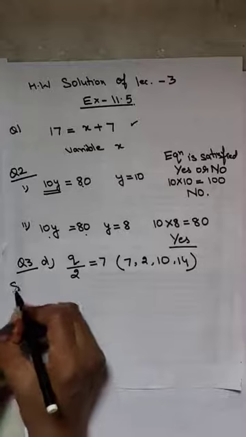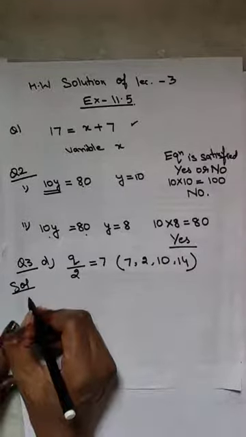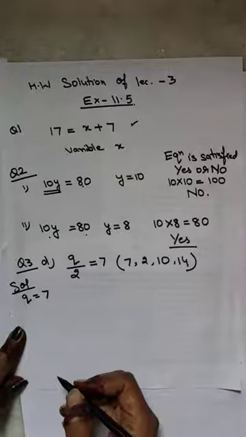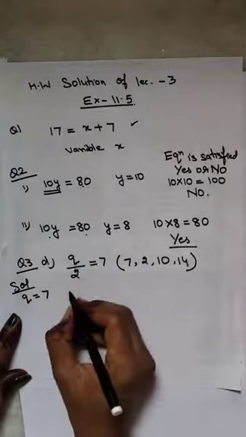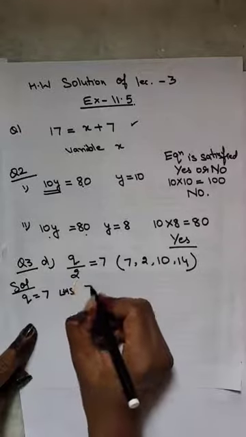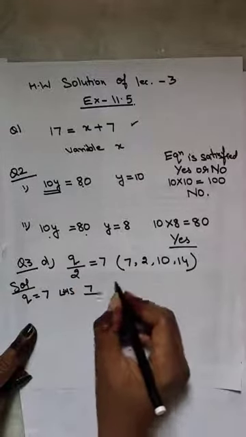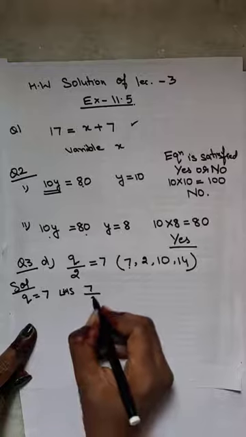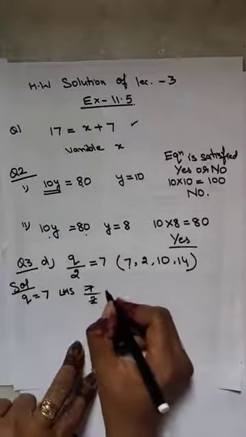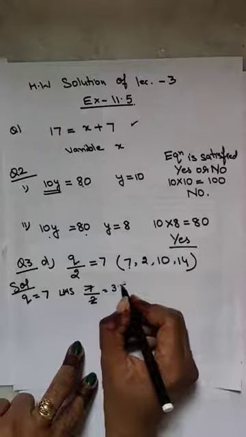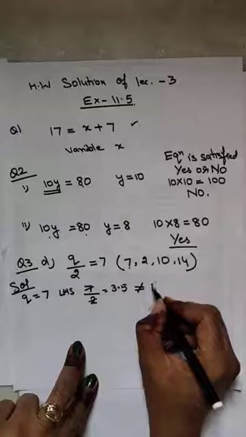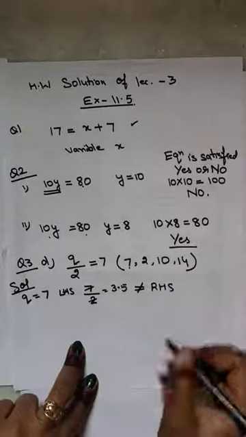So one time we will take q equal to 7. So in place of q, see left hand side, in place of q we will write down 7, so 7 upon 2. When you divide, it will become 3.5. Is this equal to 7?